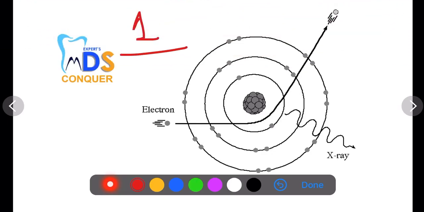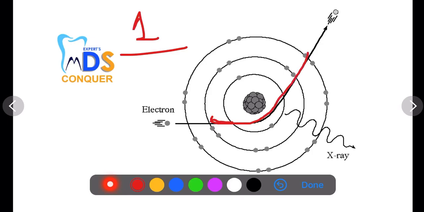The high energy electrons which are emitted very rarely hit the nucleus of the tungsten target or tungsten focal spot. Mostly it misses the nucleus.